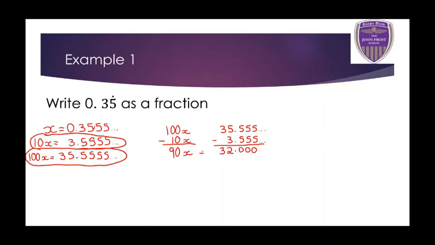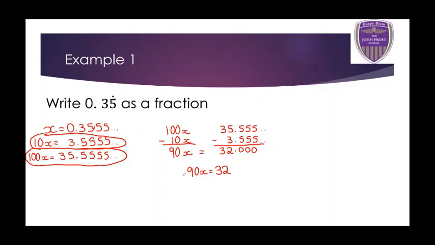So this is where these questions differ from last lesson. Whereas before it was always something over 99 or something over 990, you'll have noticed now that the number that 90x is equal to has changed, okay? So now we've got 90x is equal to 32. Now to solve this, we simply solve this equation for x.